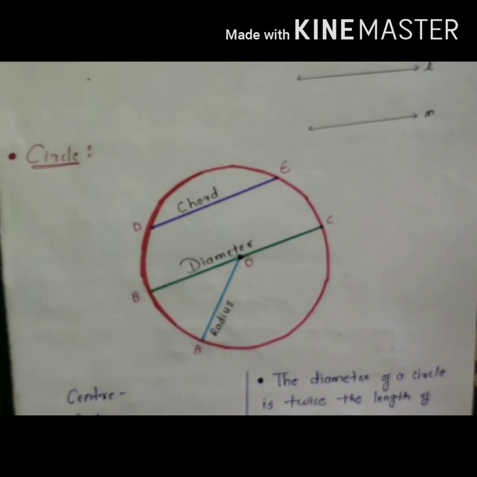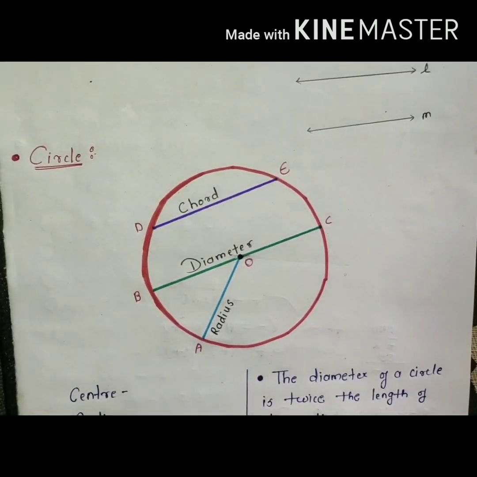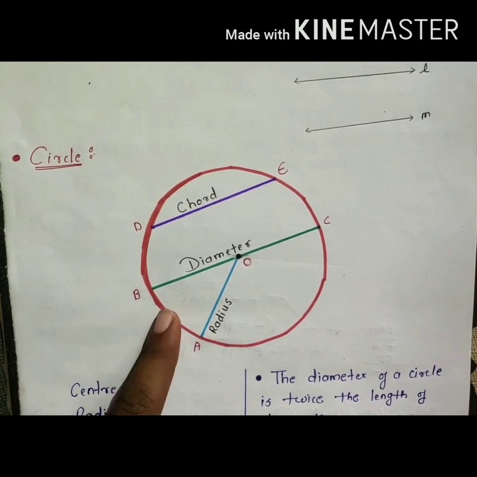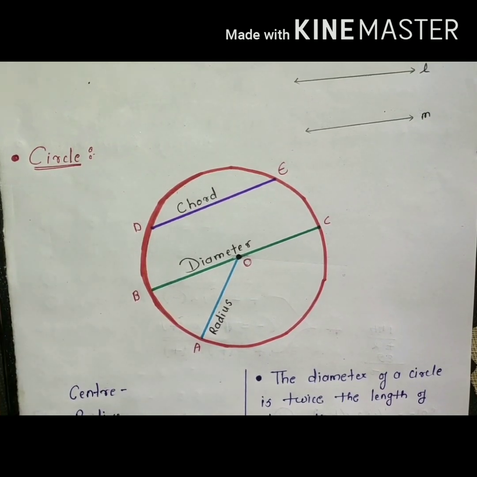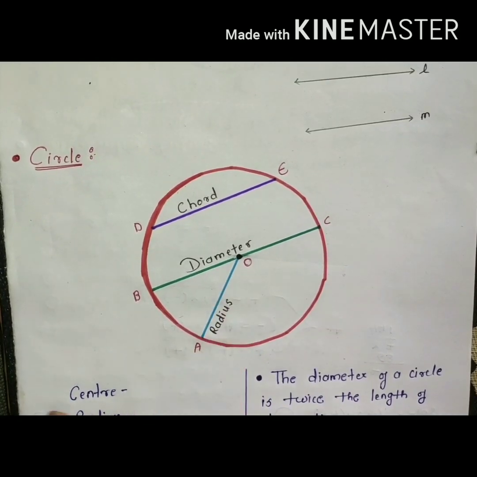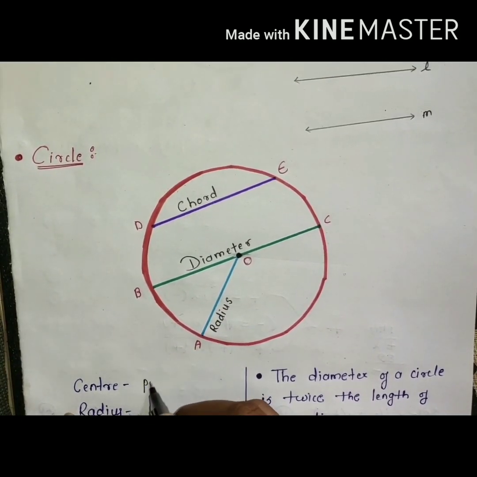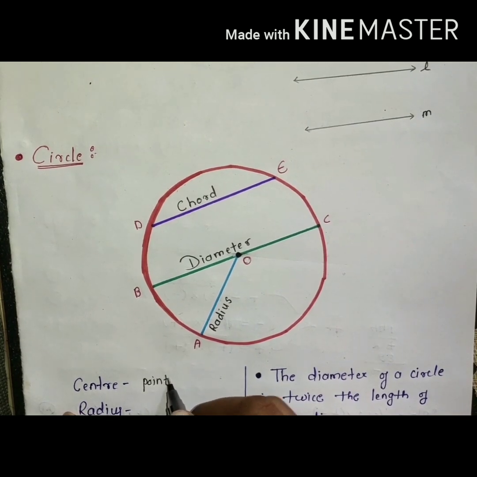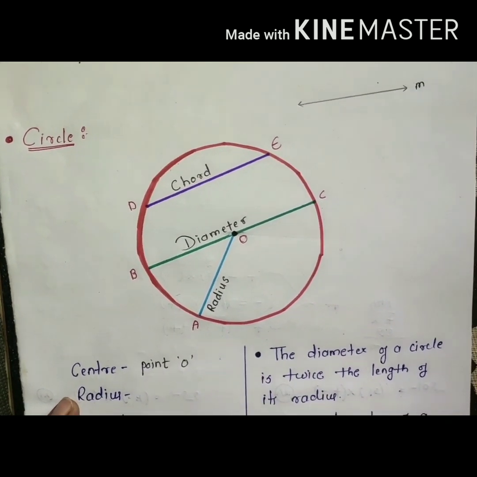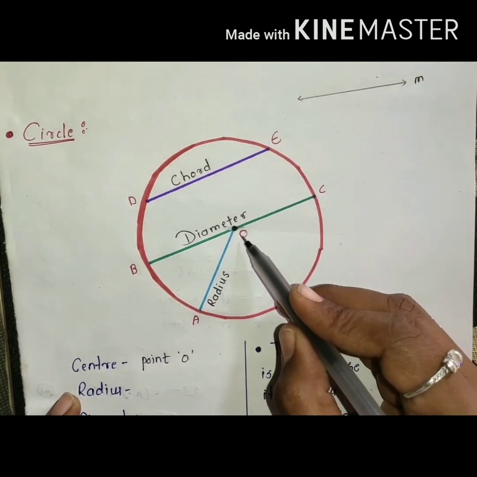Now by seeing that circle, you may remember some concepts like radius, diameter and chord. The first one is the center. Point O is the center of the circle. Next one, radius.